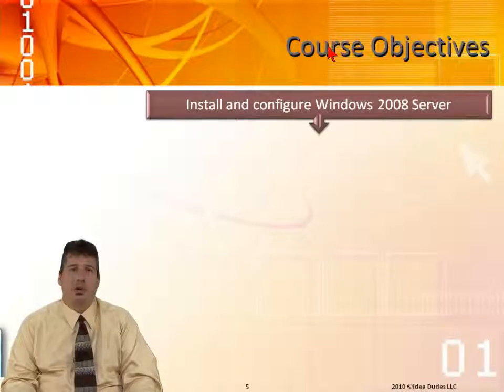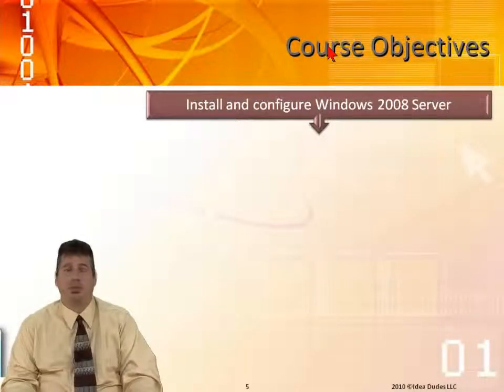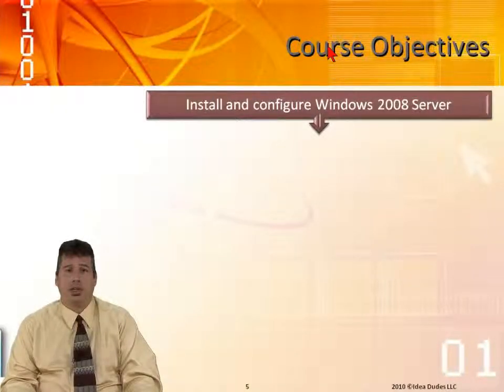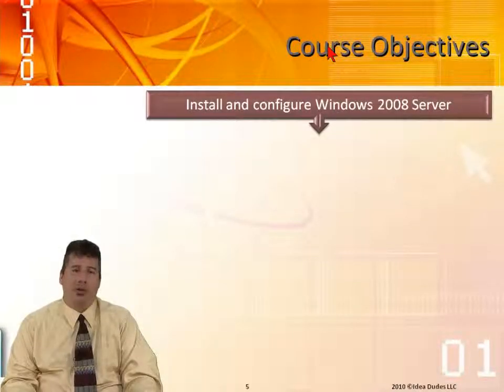So one of the course objectives is that you're going to be able to install and configure a Windows 2008 server. You're going to understand the installation process, which is pretty simple. You just put the DVD in and wait for it to install. But you can change how you do the installation.